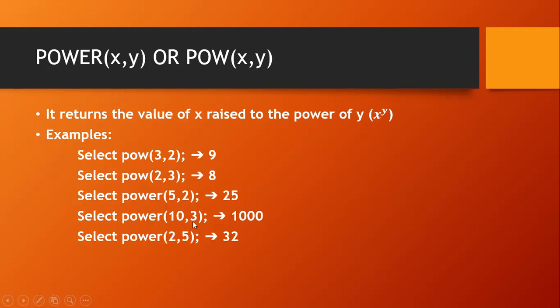Select power 10, 3. The number 10 has to be multiplied 3 times, and hence the output is 1000. Select power of 2, 5. The number 2 has to be multiplied 5 times. Hence we get the output as 32.